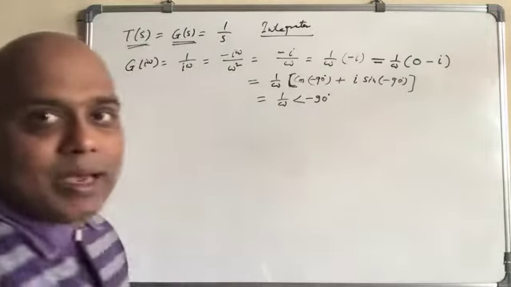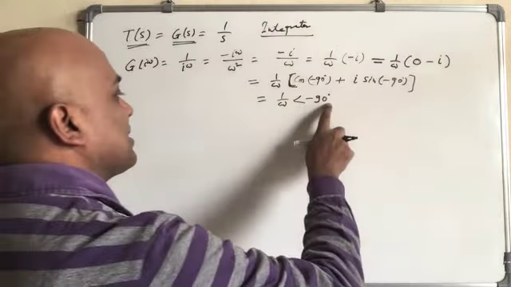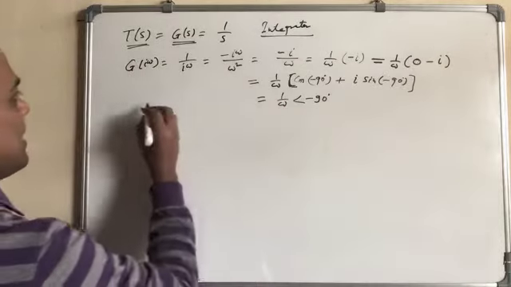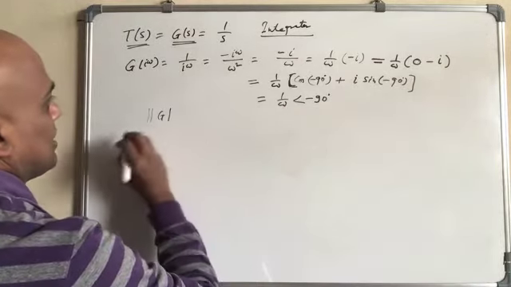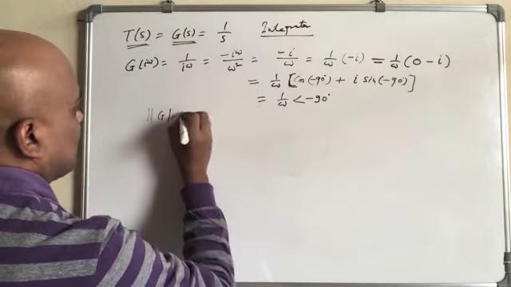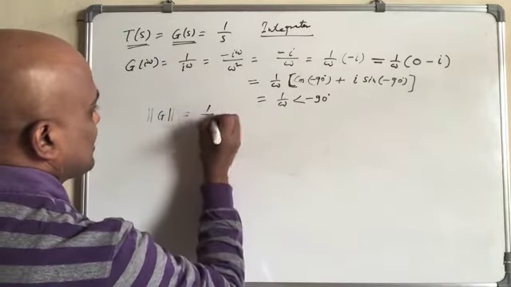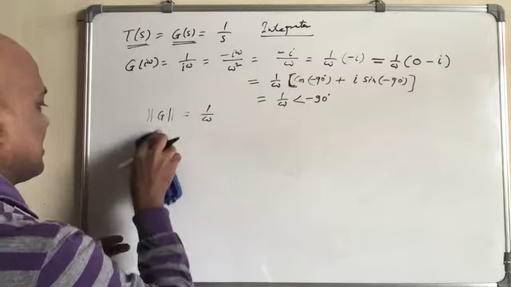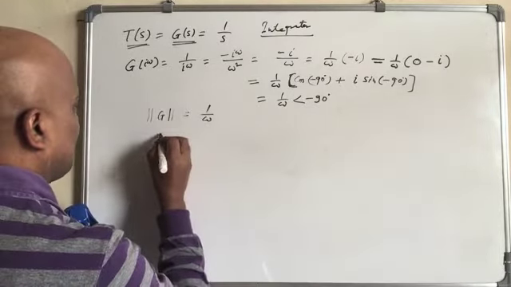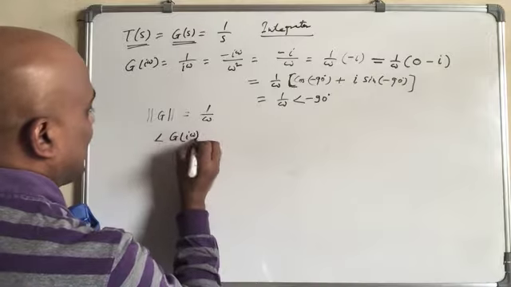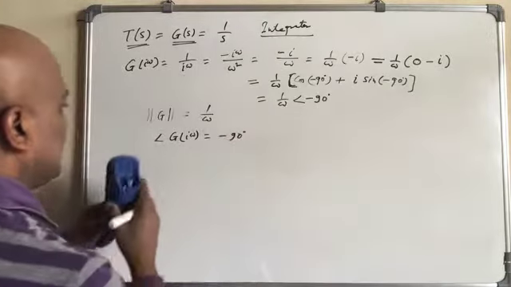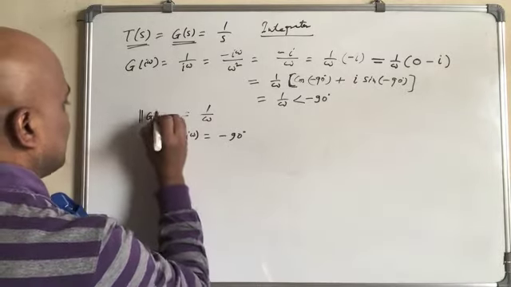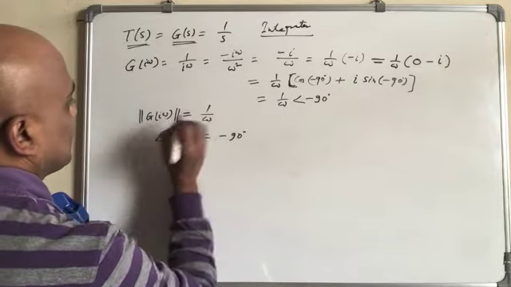What we see here is the angle is constant and the amplitude is changing. So the magnitude of G(iω) is 1 over ω, and the angle of G(iω) is equal to minus 90 degrees.